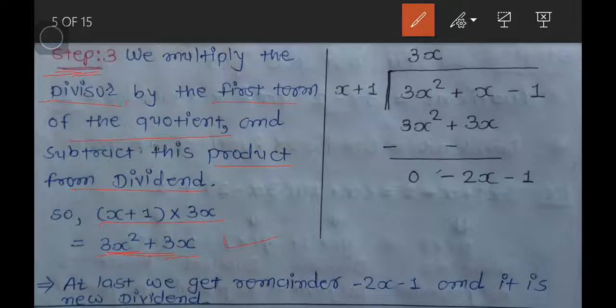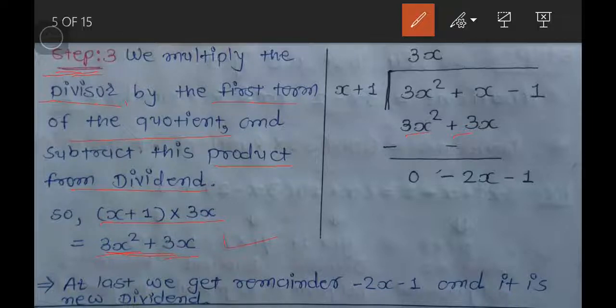So to subtract our given product from our dividend, we put the opposite sign here. Here you can see that the 3x square has a plus sign, so here we put a minus sign, and here 3x has a plus sign, so we put a minus sign.